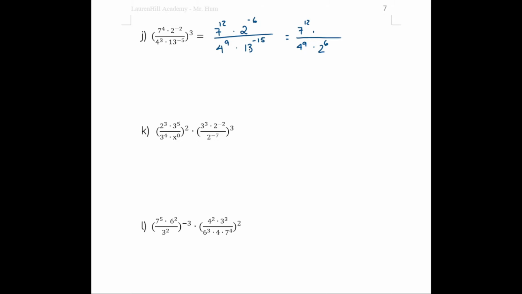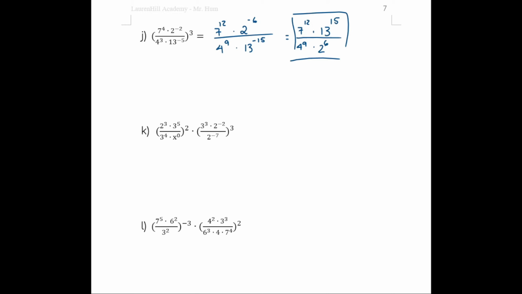This negative exponent, 13 to the negative 15, is in the denominator, so we take it from the denominator and flip it to the top. That's going to be 13 to the positive 15. And I think we could just leave that as it is. If we try to calculate that, it's not going to fit in your calculator anyway.